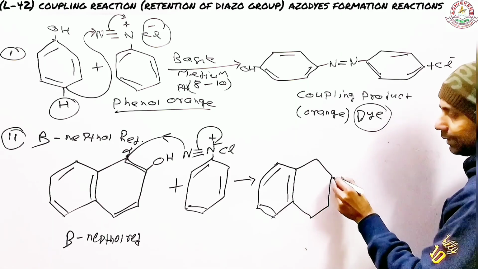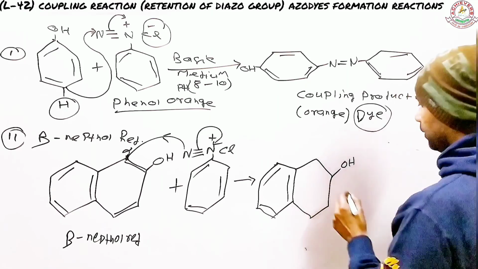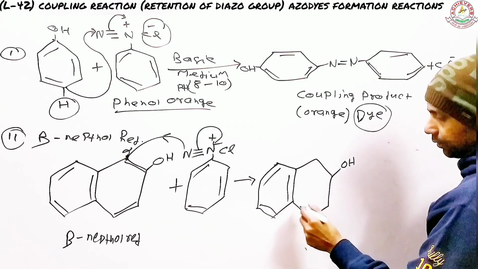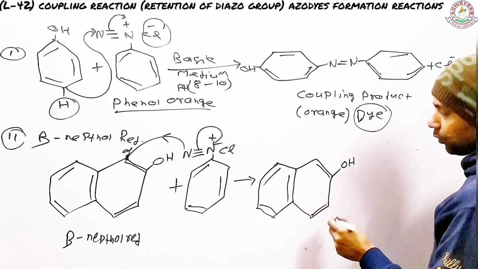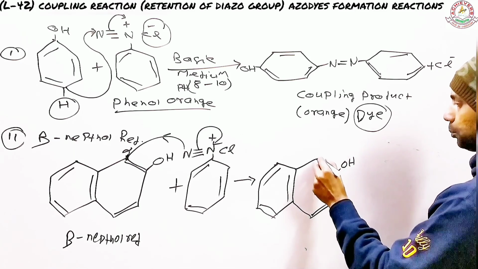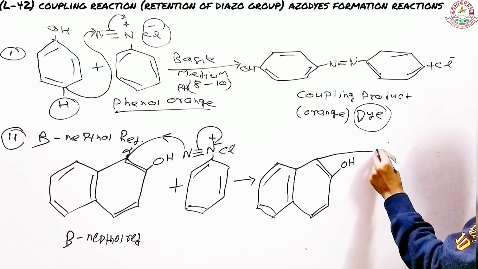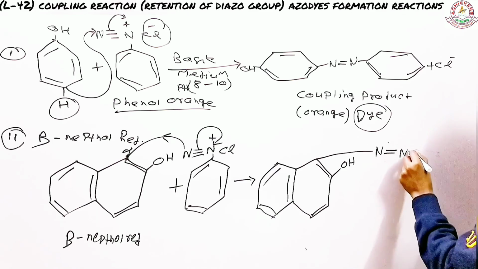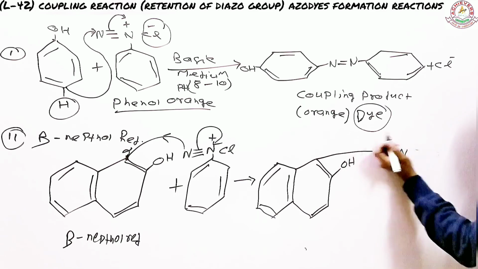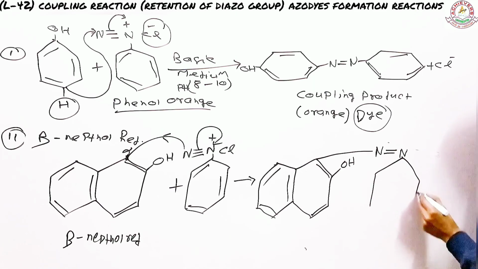And there it is, OH, right? And along with that you have your double bond right here. I'm going to place your nitrogen like this. So this is your double bond nitrogen, and this nitrogen is bonded to your benzene molecule.